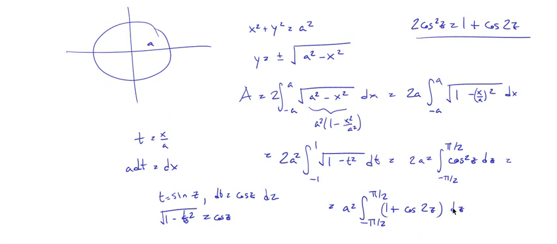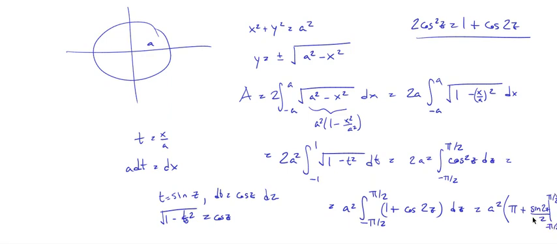Okay, and let's see, the primitive of this is going to be a squared times, and then we have, well, this is 1, so this is just the width of the interval, this is pi, and then we have plus the sine of 2z divided by 2 between pi halves and minus pi halves.